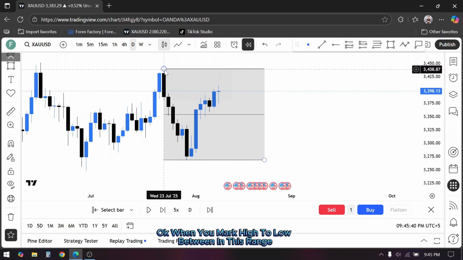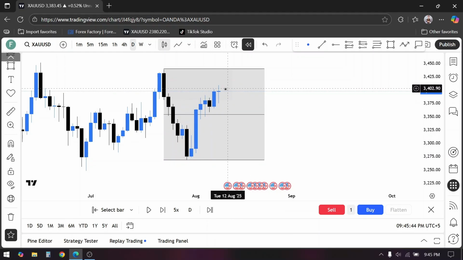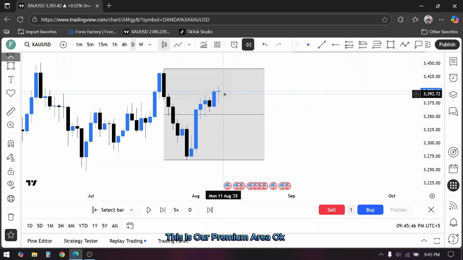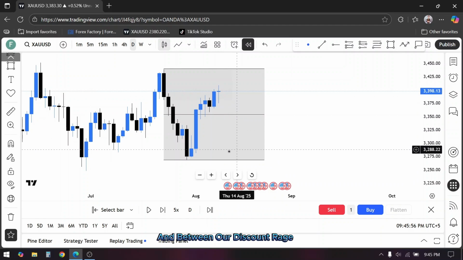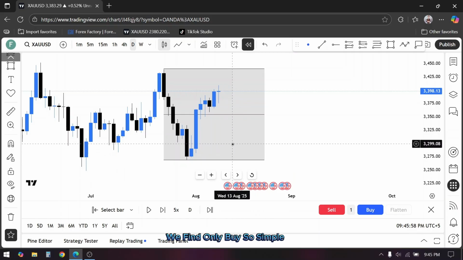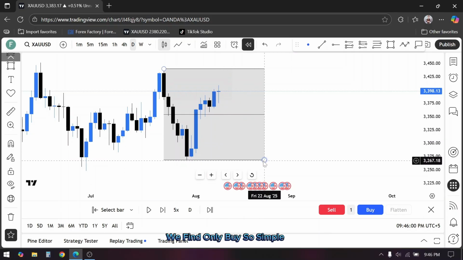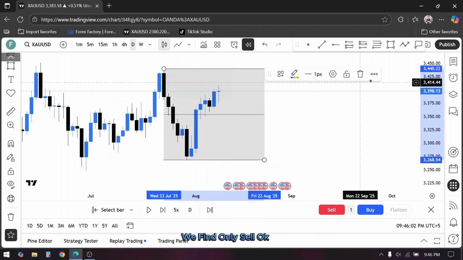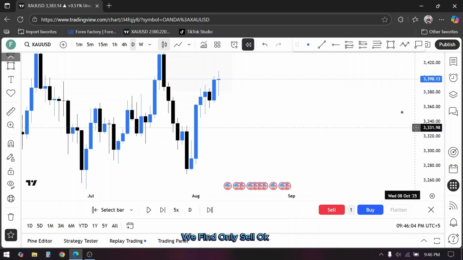When you mark high to low in this range, this is our premium area. In the premium area we look only for sells, and in the discount range we look only for buys. So simple, we look only for sells.